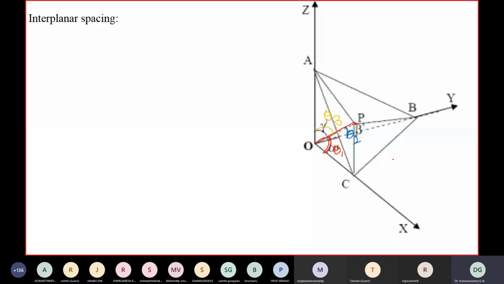BO is hypotenuse. Similarly, OP is adjacent, PA is opposite. AO is hypotenuse. Similarly, OP is adjacent, PC is opposite, CO is hypotenuse, with the respective angles theta 1, theta 2, theta 3.